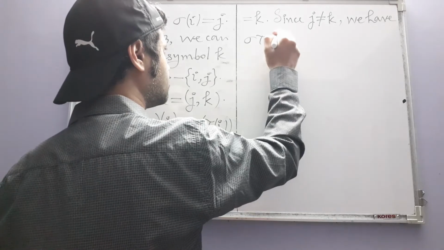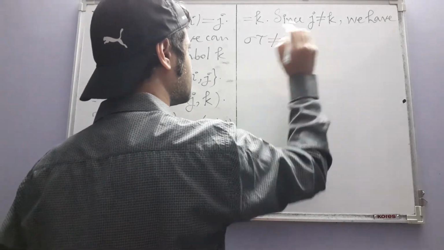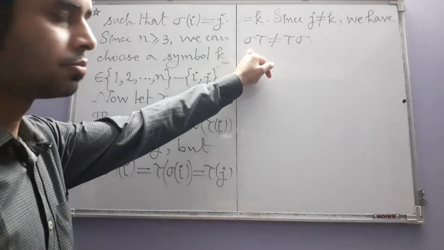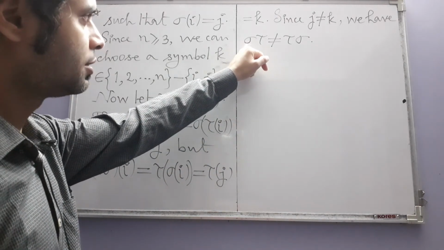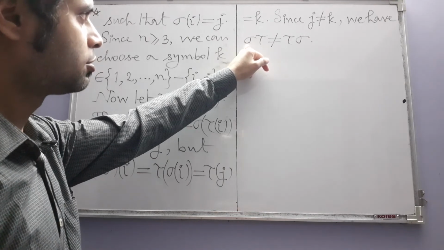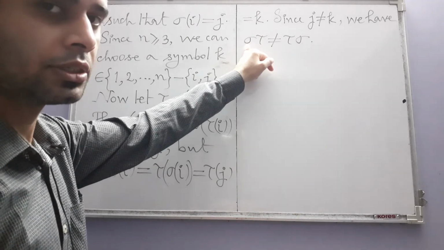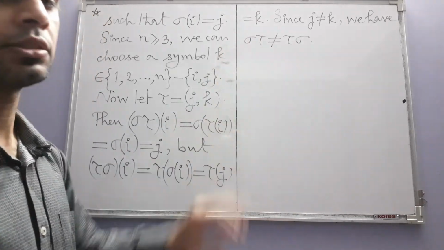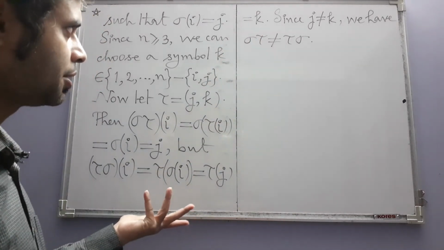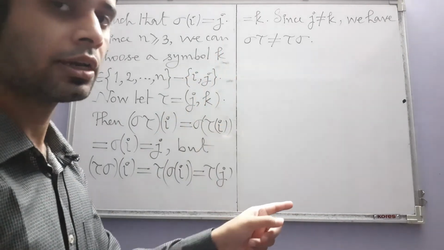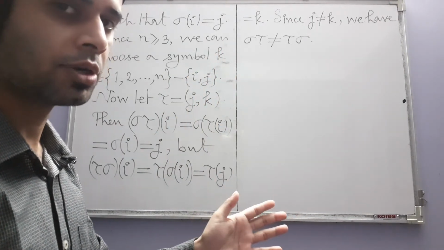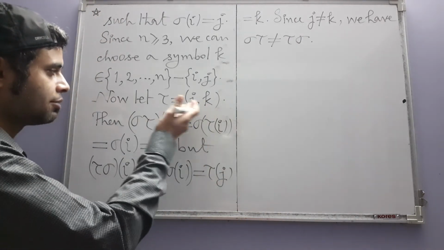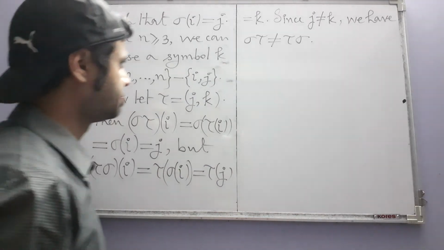Sigma tau is not equal to tau sigma. So that element that we were talking about a while ago, that we should show that there is at least one element in Sn with which sigma does not commute, tau is one such element. So that simply means that sigma does not commute with all the elements of Sn, and as such it cannot belong to the center of Sn. And tau, of course, definitely is an element of Sn.